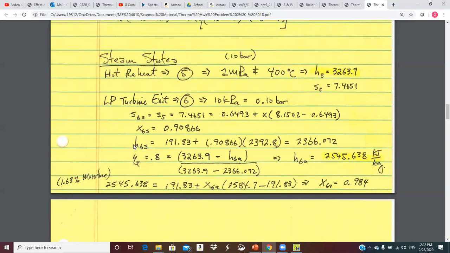So that makes the isentropic enthalpy at 6, just using that quality, the saturated liquid enthalpy plus the enthalpy of vaporization, 2366. And then we use the isentropic turbine equation set at 0.8 to calculate the actual enthalpy at 6, 2545.6.